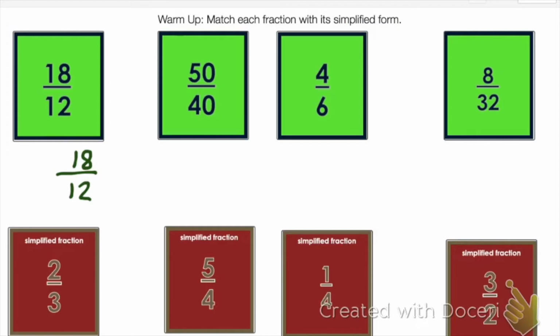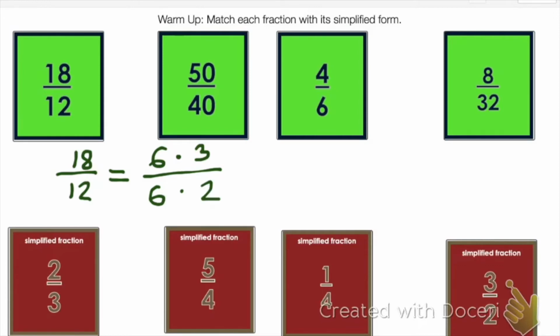So that means 3 can go into both 18 and 12, and 6 can also go into both 18 and 12. So we pick the highest number, 6. We know 6 goes into 18 by 3, right? So 6 times 3 equals 18, and we know 6 goes into 12 2 times, so 6 times 2 equals 12.